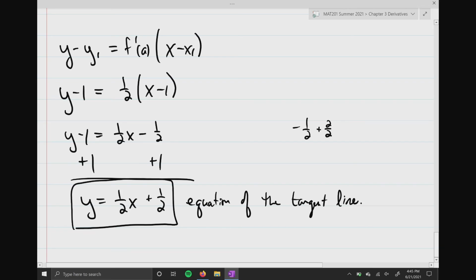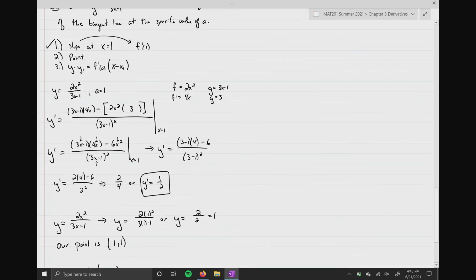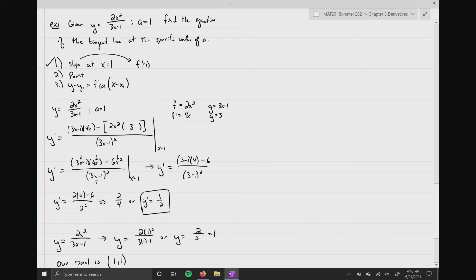So if you kind of just, let me zoom out here a little bit. And if you just kind of go back to the beginning here. When you see the words find equation of the tangent line, you need a slope, you need a point, you need your point slope equation, and the idea behind it is the technique doesn't change. It's just now that derivative is a little bit more difficult to actually calculate, and that's because you have to use the quotient rule.